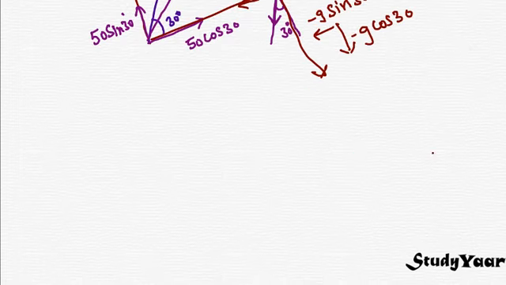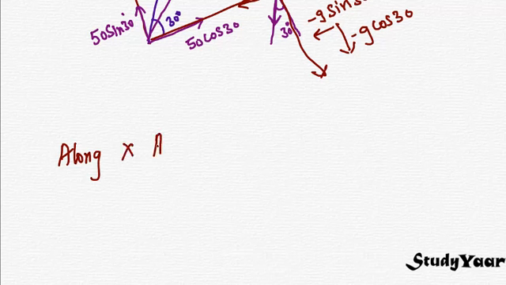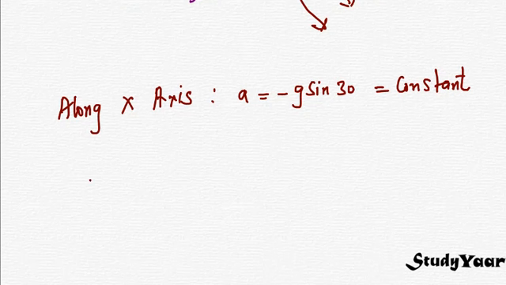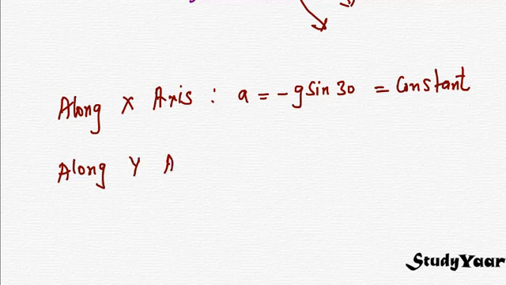So I'm just going to write over here, along x-axis my acceleration is minus g sin 30, which is a constant. Therefore I'm going to have a uniformly accelerated motion along x-axis. Similarly, along y-axis my acceleration is minus g cos 30, which is again a constant.